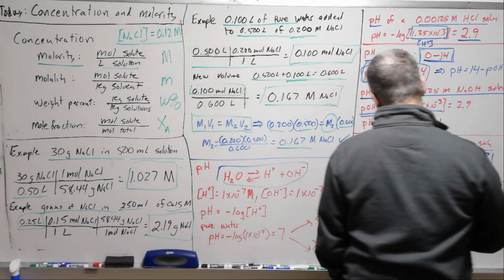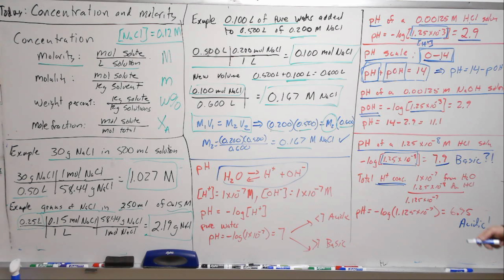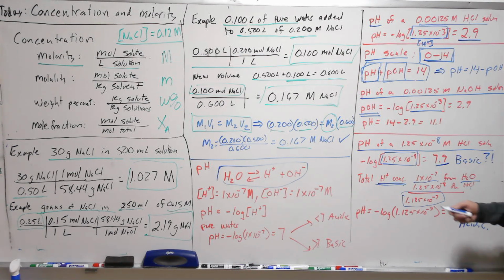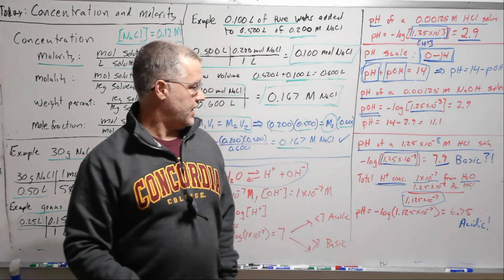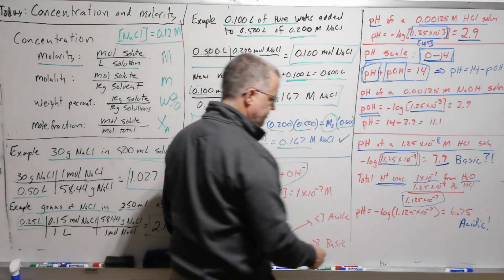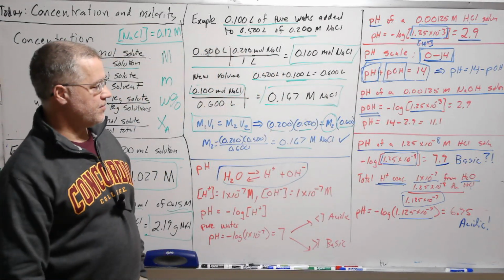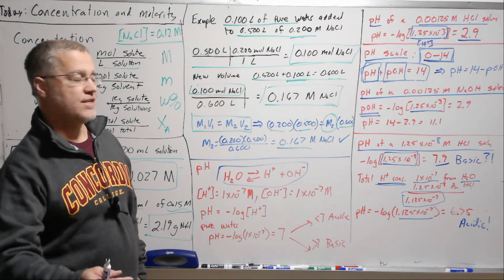And so if we look at the total concentration of H+, we get 1 times 10 to the minus 7 from the water and 1.25 times 10 to the minus 8 from the HCl. We have to add those two. So that gives us a 1.125 times 10 to the minus 7 concentration, and minus log of that is 6.95, so it is acidic.